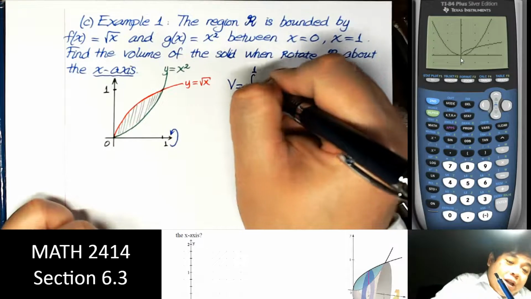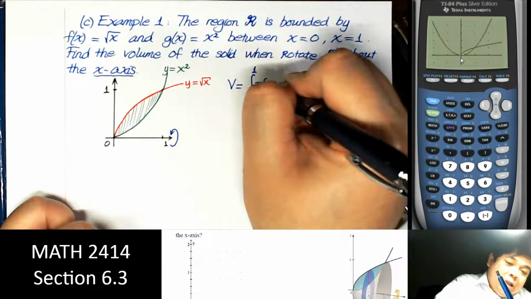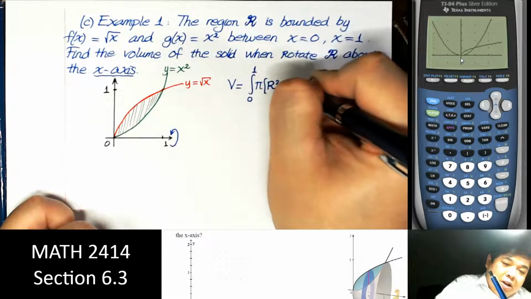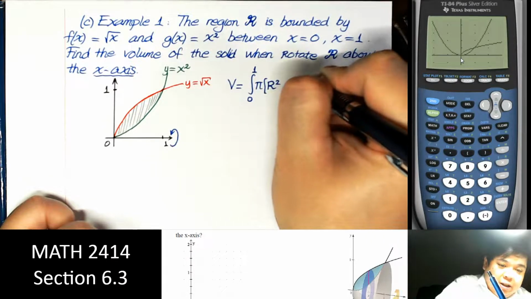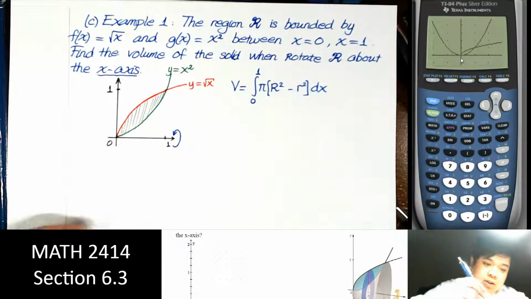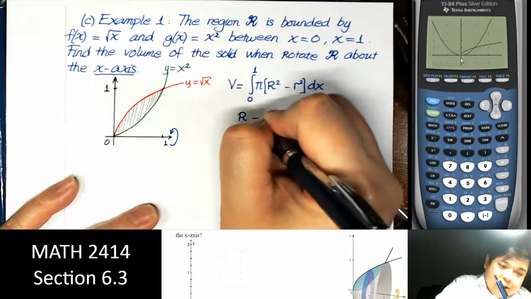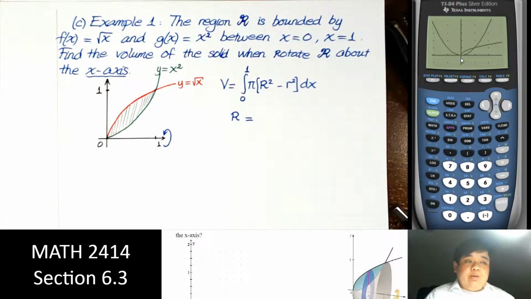Now what we need is just the big radius squared minus the little radius squared. We just need to determine what the big radius is. So the big radius is from the axis of rotation, from the x-axis, to the edge.